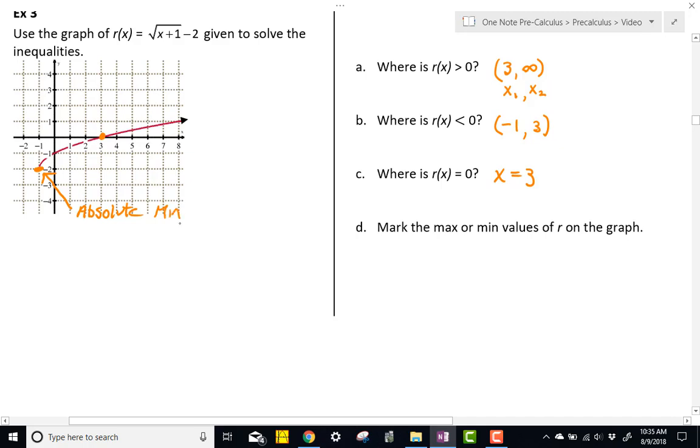It is the smallest y value on the graph. Absolute minimum at y equals -2. There is no absolute maximum on this graph because it just keeps moving up forever and ever.